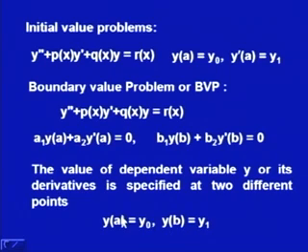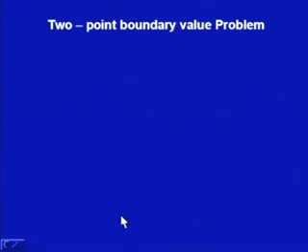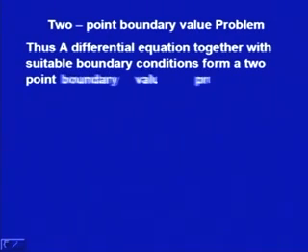Now, we are getting a formal definition of a 2-point boundary value problem. A differential equation together with suitable boundary conditions forms a 2-point boundary value problem.